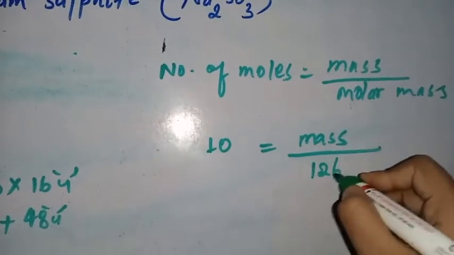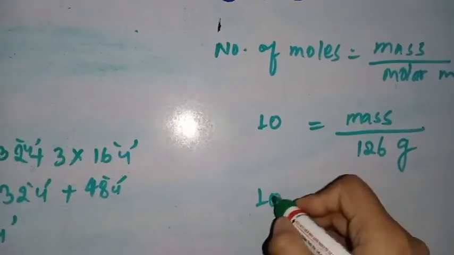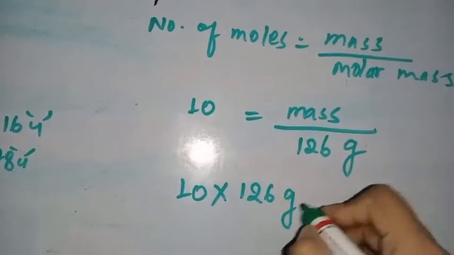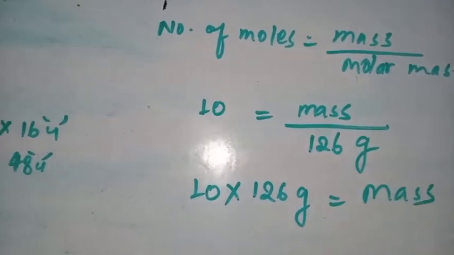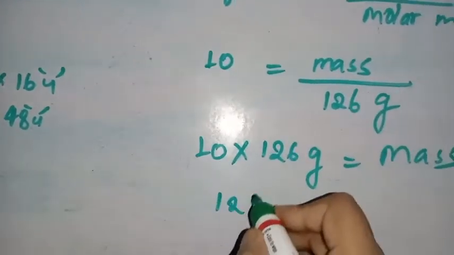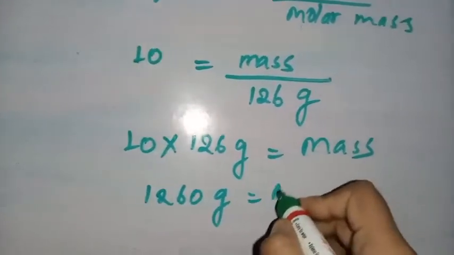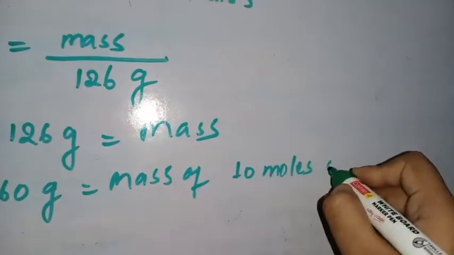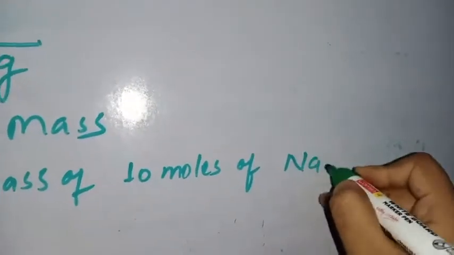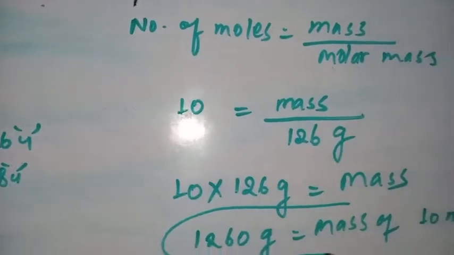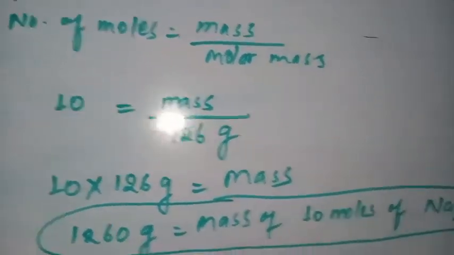We'll just do the simplification, and we will get 1260 gram would be the mass of 10 moles of sodium sulfite. So by using this equation we can easily calculate the mass.